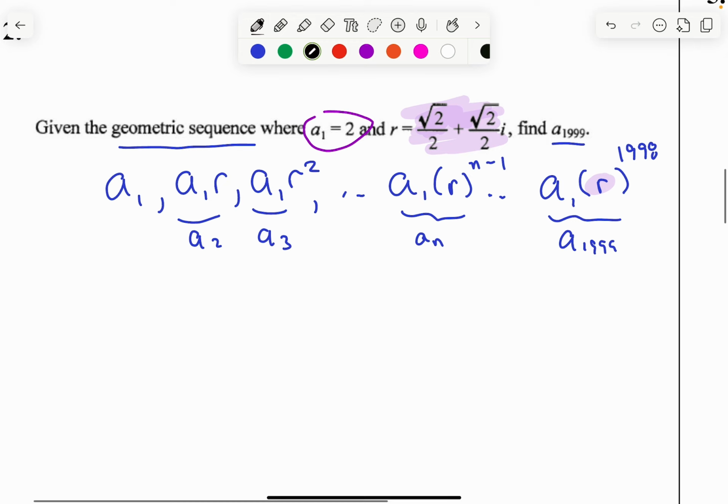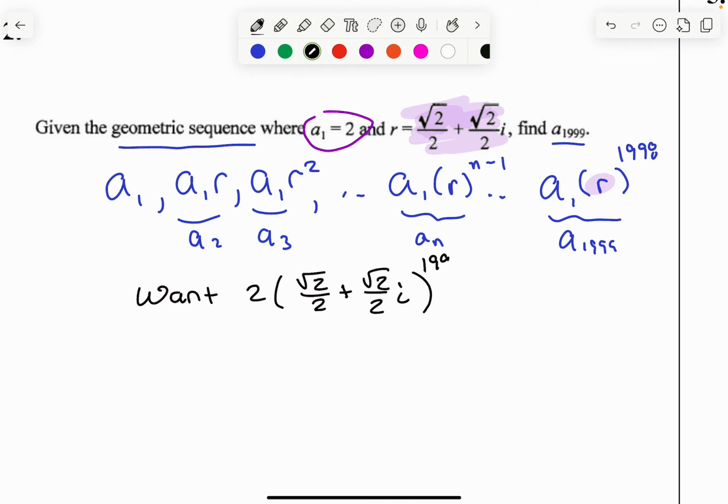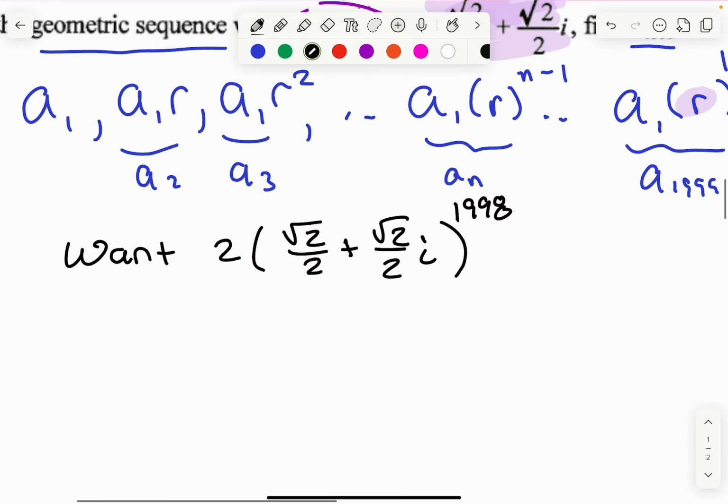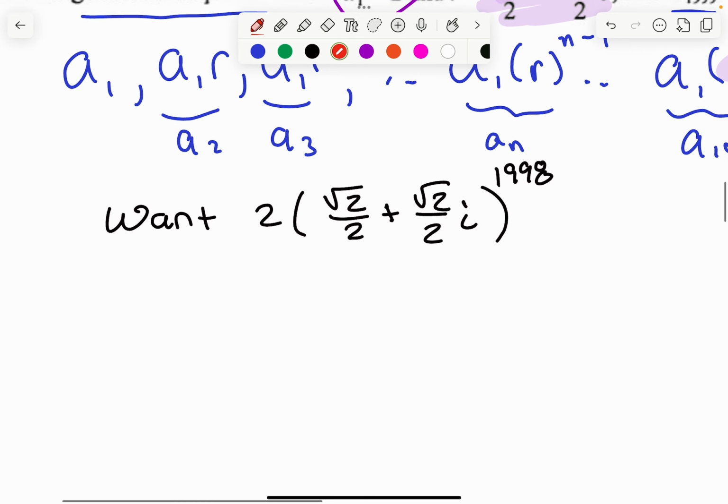Okay, so again, we know that we're looking for 2 times (square root of 2 over 2 plus root 2 over 2 i) raised to this. Now, anytime you're dealing with complex numbers and you're multiplying or raising to a power, you want to change to polar form.